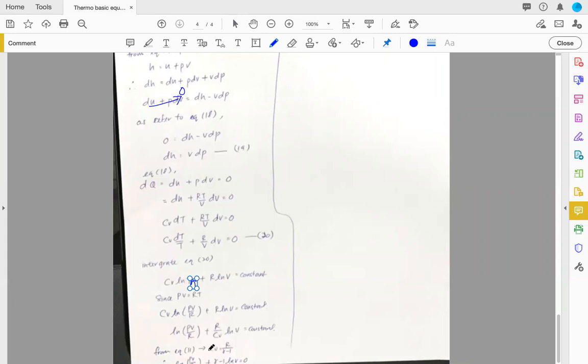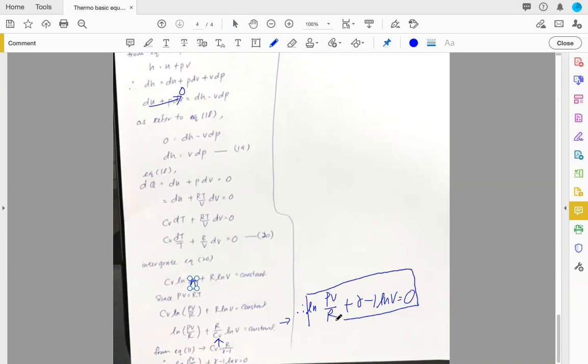So from equation 11, Cv equals R over gamma minus 1. So we can play around and put it here. And therefore we have ln (PV over R) plus (gamma minus 1) ln V equals constant.